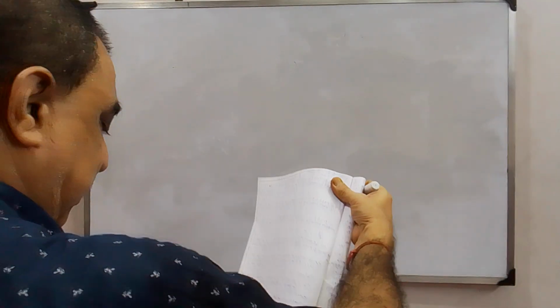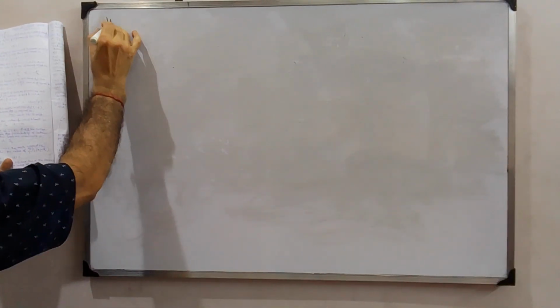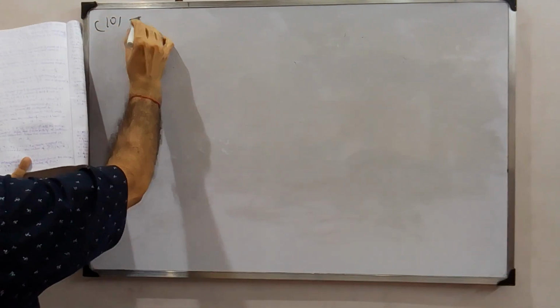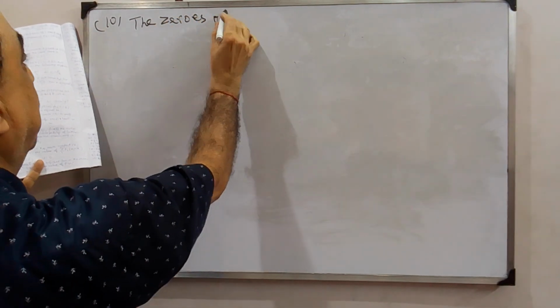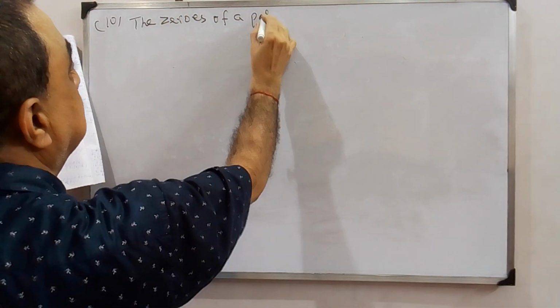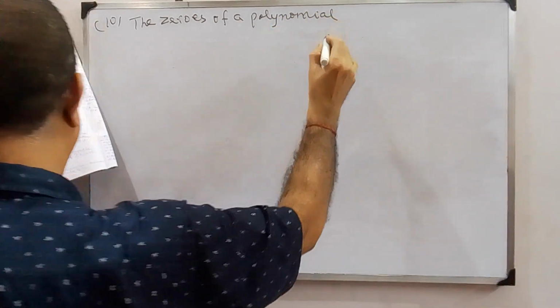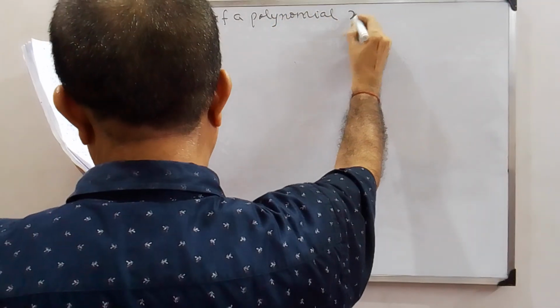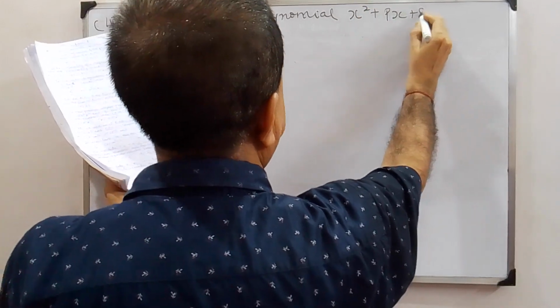So watch here. What is question 10 saying? The zeros of a polynomial. The polynomial given is x squared plus px plus q.